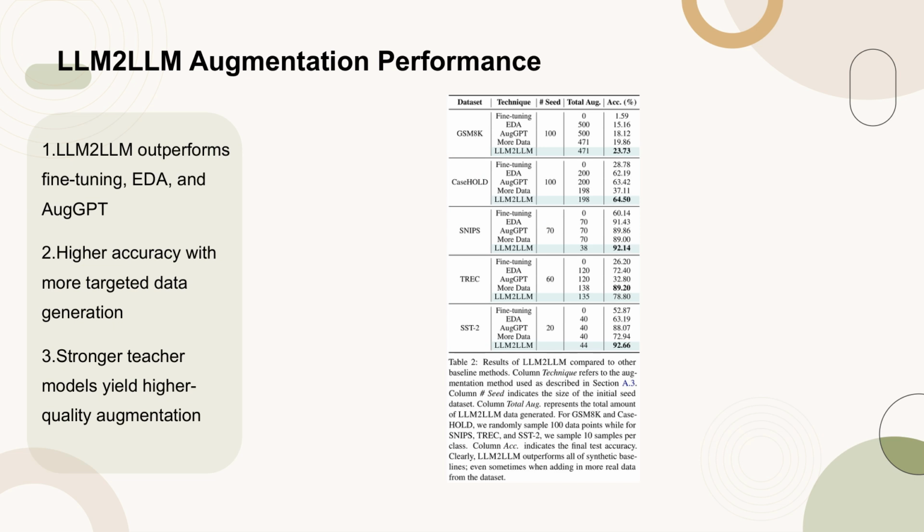It shows that LLM2LLM significantly outperforms traditional fine-tuning, EDA, and AugGPT methods by generating more targeted and effective data augmentation. The table also highlights that the choice of teacher model impacts the quality of augmentation, with stronger models like GPT-4 Turbo producing higher accuracy. This demonstrates LLM2LLM's capability to enhance model performance through strategic data augmentation.